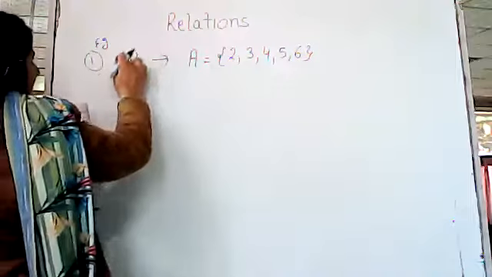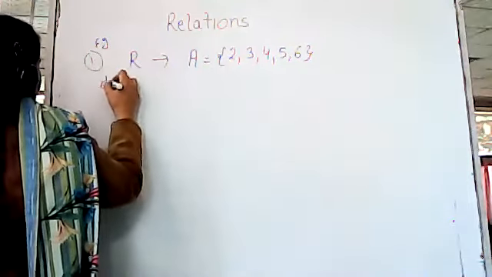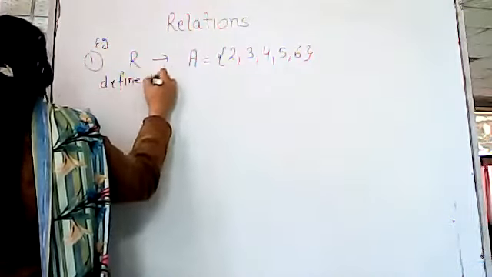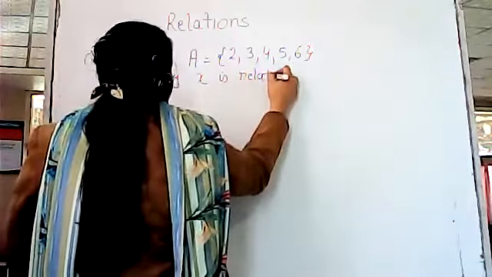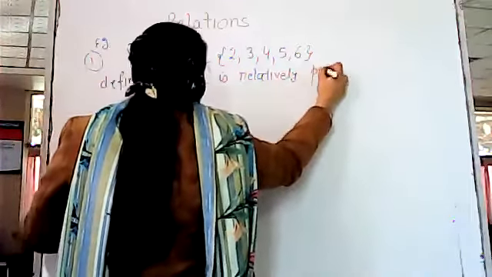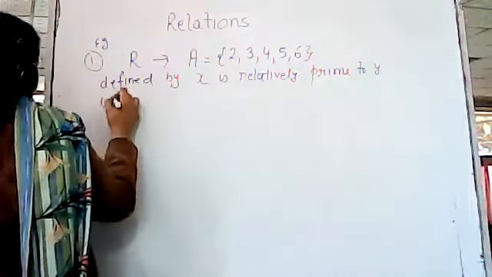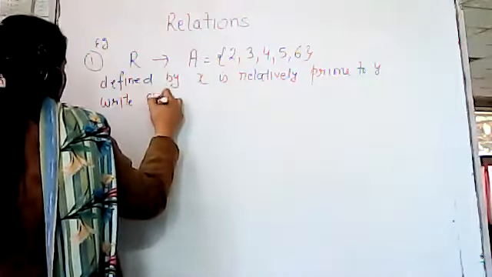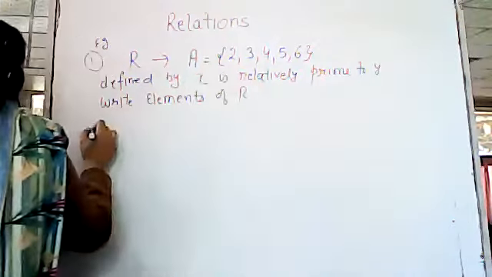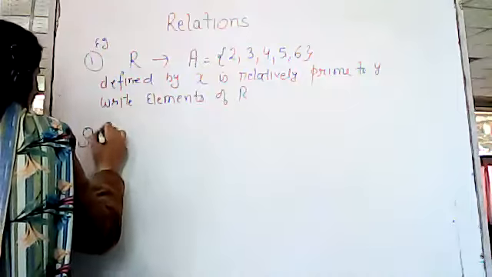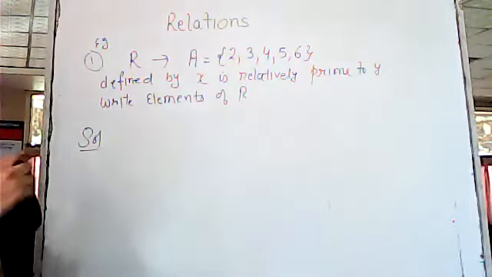Now, what type of elements are present in the relation? The relation is already defined. Let R be a relation defined by X is relatively prime to Y. Then write down the elements of relation R. So beta, this is the first example that we are going to discuss.